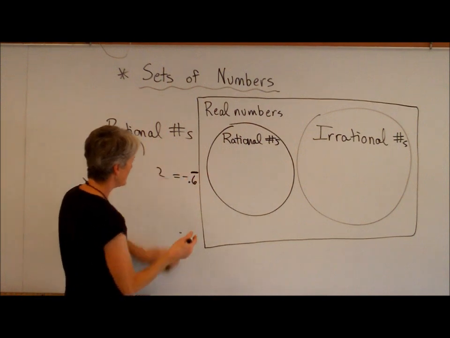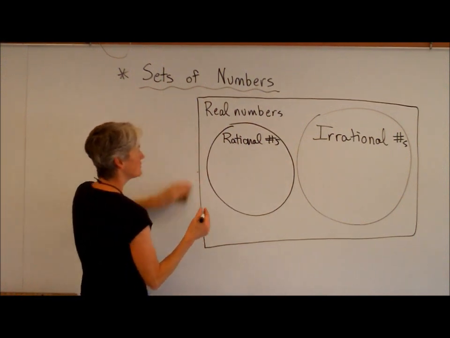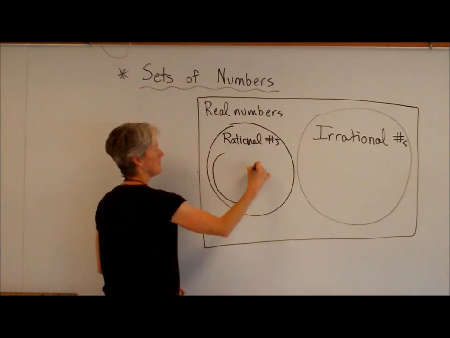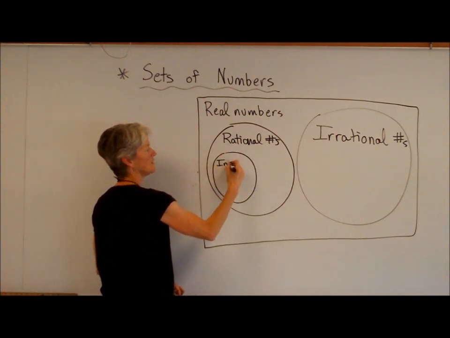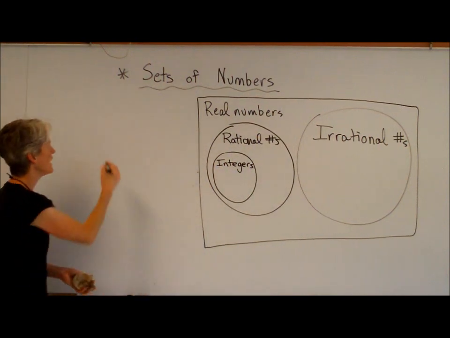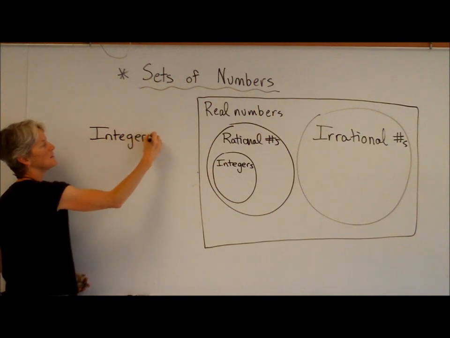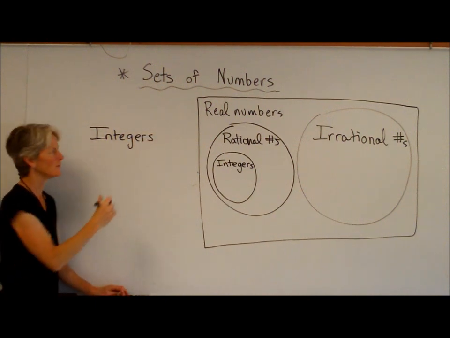Okay, let's just put a couple in here. We've got our integers. Integers are nice and easy. Those are your positive and negative counting numbers plus 0. They have a shorthand too.